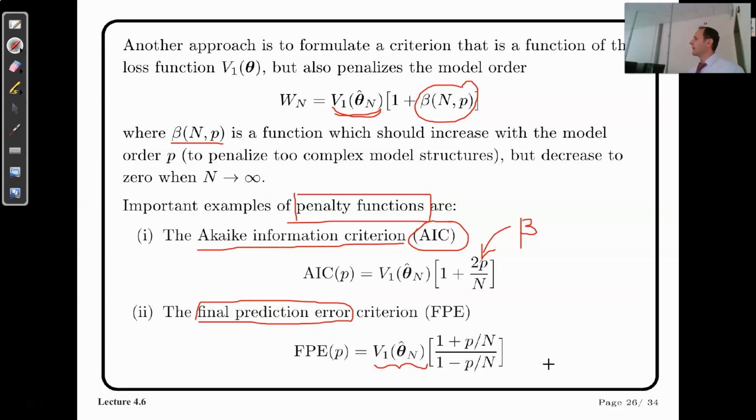So which one is the best? I don't know, we should check it. Normally you take the 3 models suggested by these 3 penalty functions, and then you perform, for example, statistical tests on the residuals. It is a good way of checking your model.